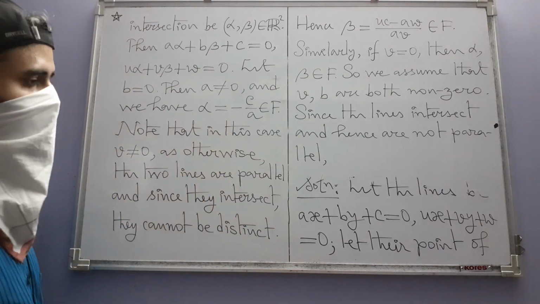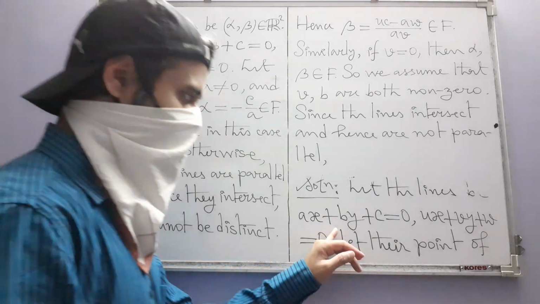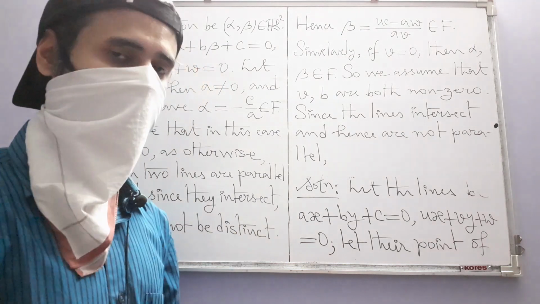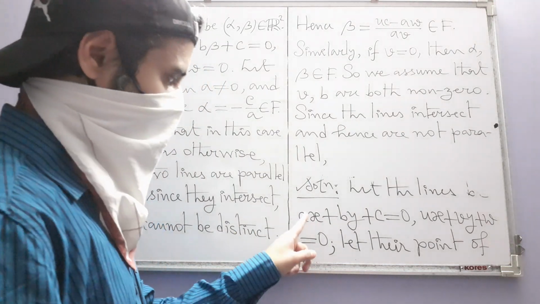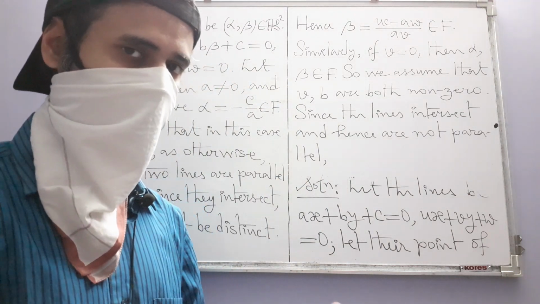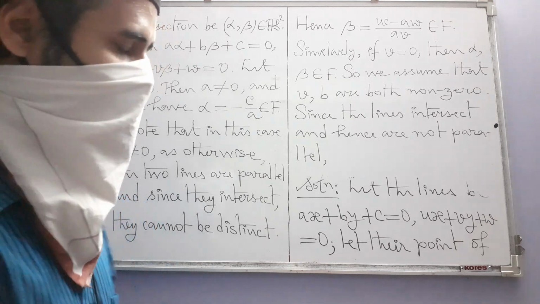write the slopes of these lines. Just by looking at the equations, you can see that the slope of the first line will be minus a divided by b. Taking this equation in the form y equal to mx plus c, m is slope, c is intercept, that thing.